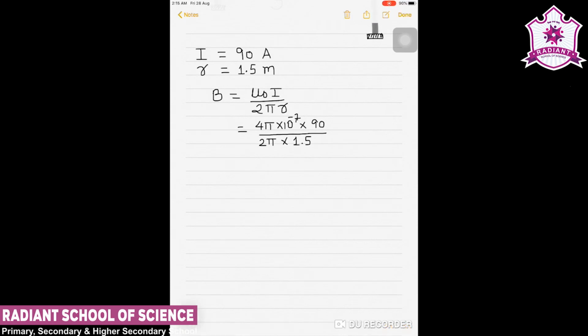As in the previous question that we did, the pi cancels out. Then the 2 cancels with the 4, leaving 2, then 90 in the numerator and 1.5 in the denominator gives 60, so this is about 120.